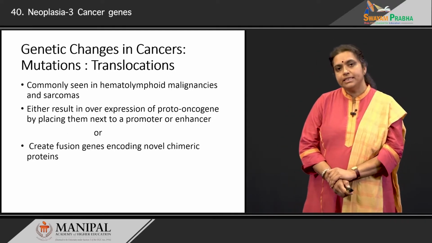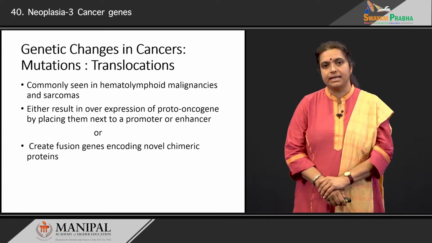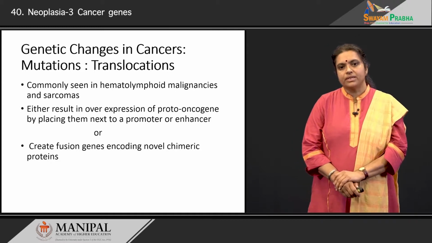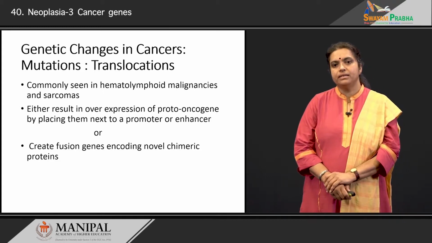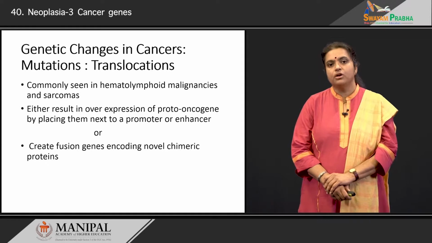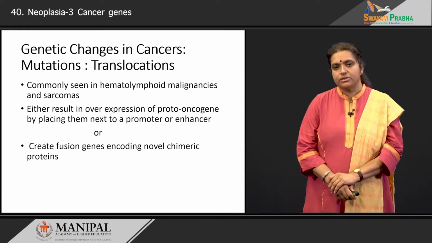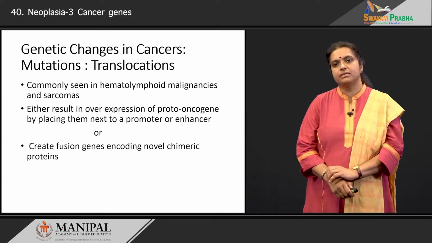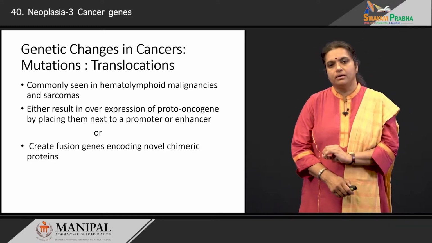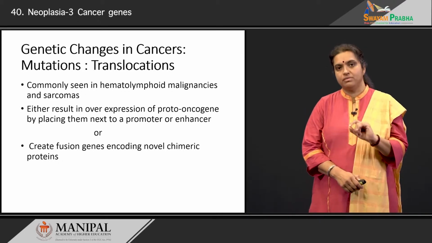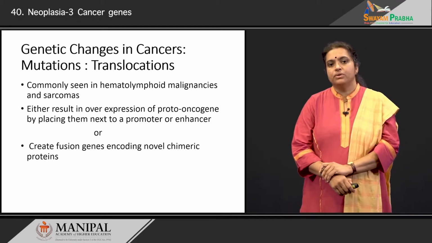The second genetic lesion that we see in cancer cells is known as translocations. These translocations are commonly seen in hematolymphoid malignancies and sarcomas. What are translocations? Translocations are nothing but the juxtaposition of one chromosomal part into another that may involve certain genes.